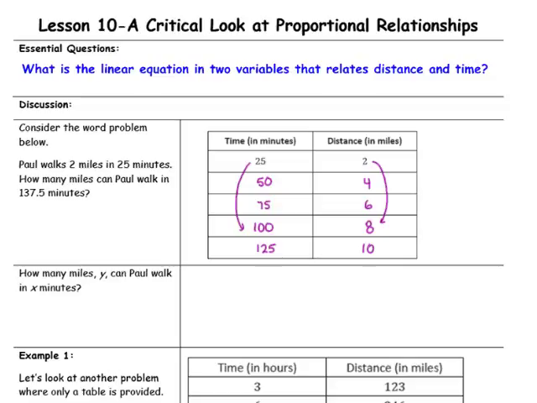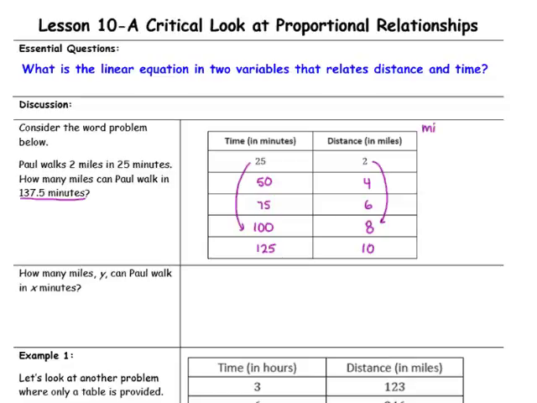Back to our question, how many miles can Paul walk in 137.5 minutes? Since the relationship between the distance Paul walks and the time it takes him to walk that distance is proportional, we let y represent the distance he walks in 137.5 minutes, and we write a proportion where we have minutes over miles.